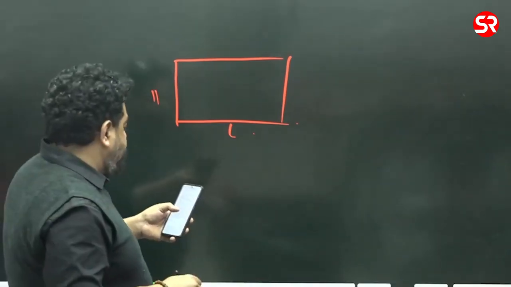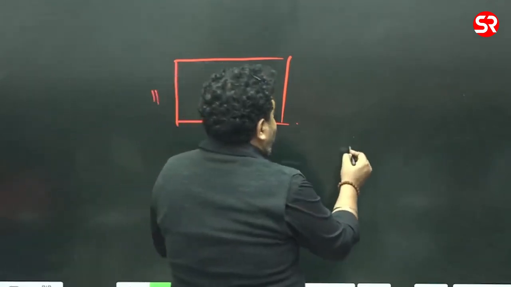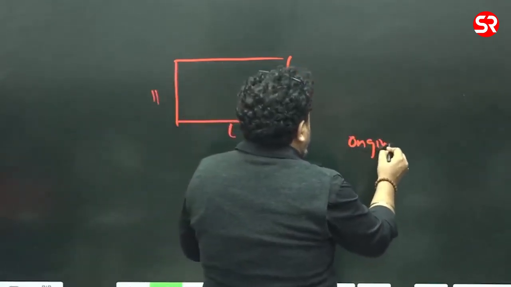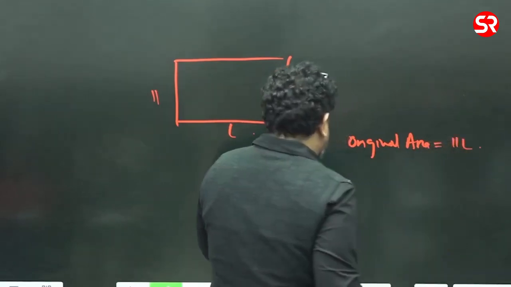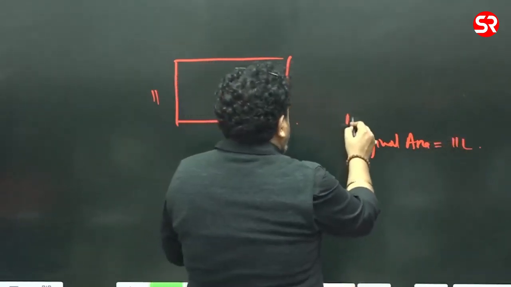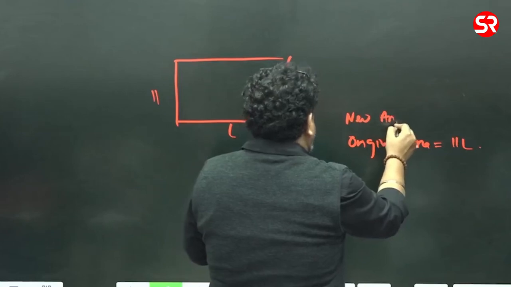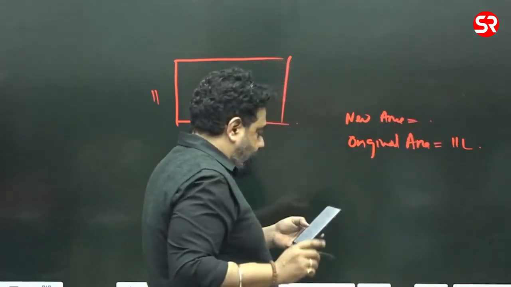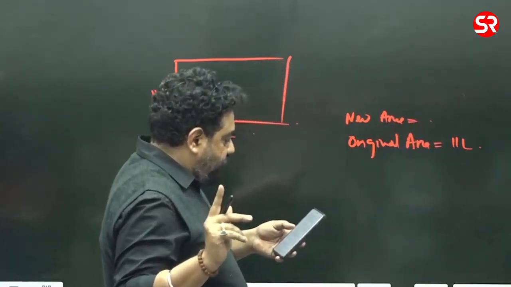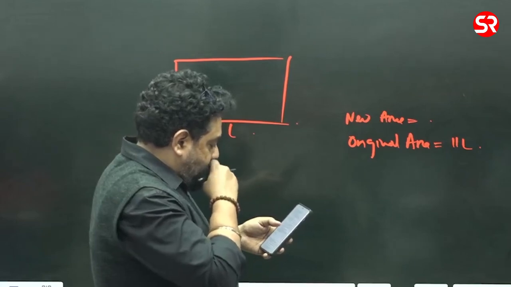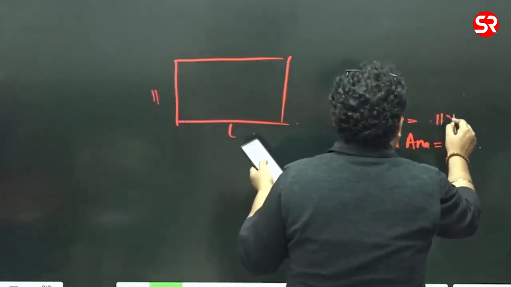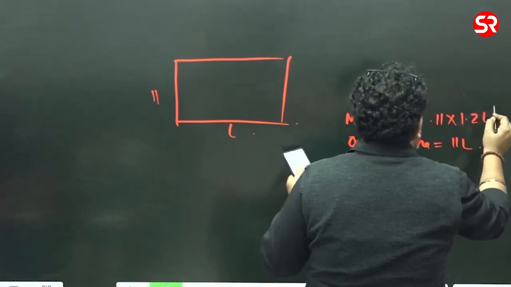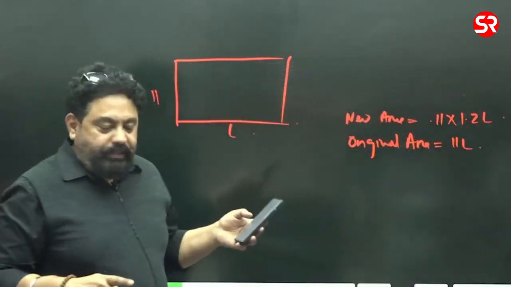So the original area, guys, is 11 times L. And the new area, if the length is increased by 20%, is 11 into 1.2 times L.